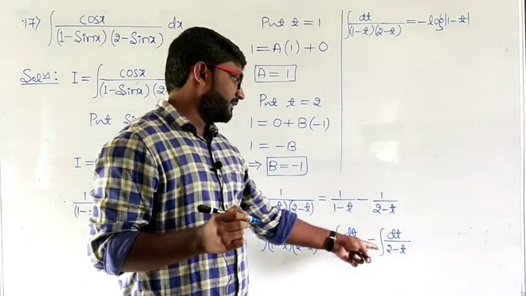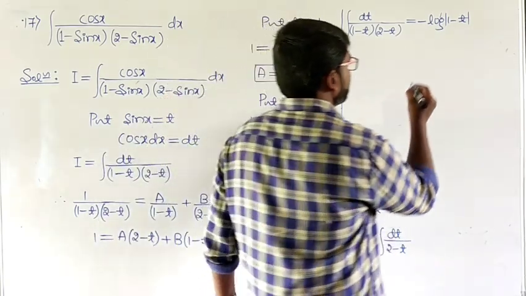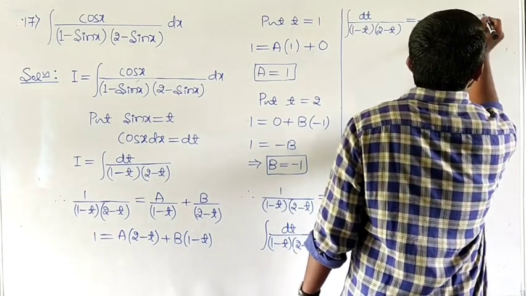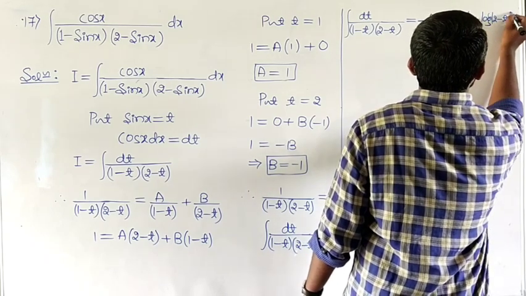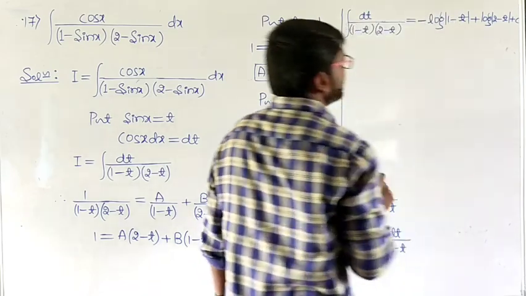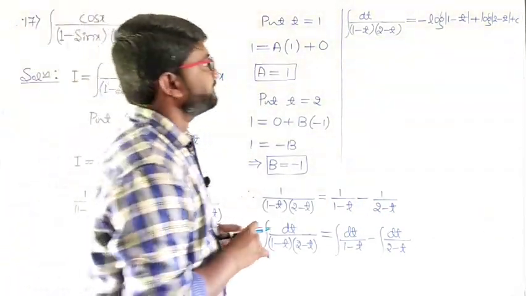Now here we get minus sign, minus by minus it is plus, plus log mod 2 minus t plus c. So now we have to replace t value here.